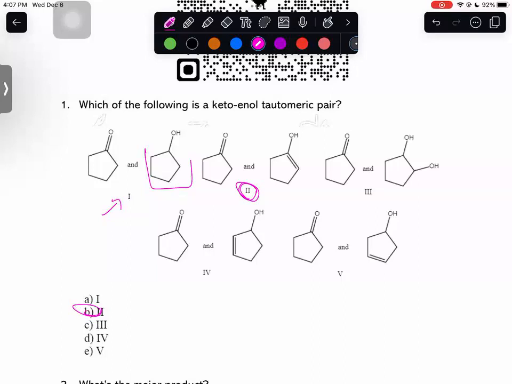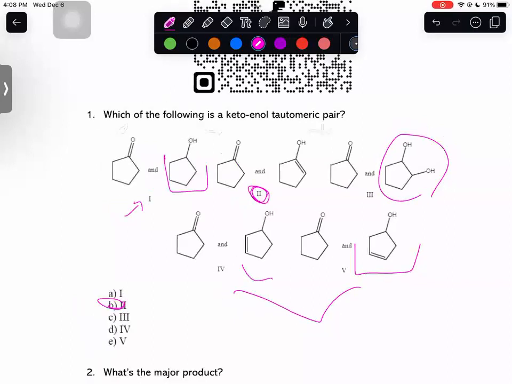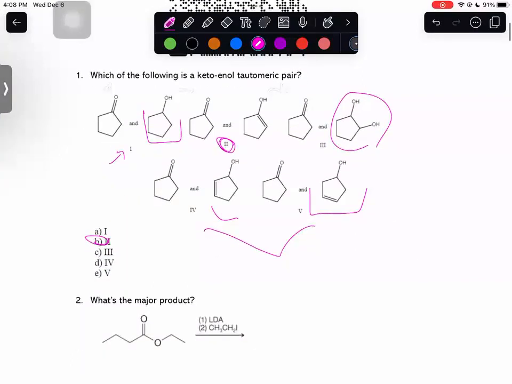No, it's simply not. And then the same process with the other ones. The last 2 have a double bond, but it's misplaced. How does the enolate look? What's the difference? It has a negative charge on the oxygen. Exactly. That's the only main difference.